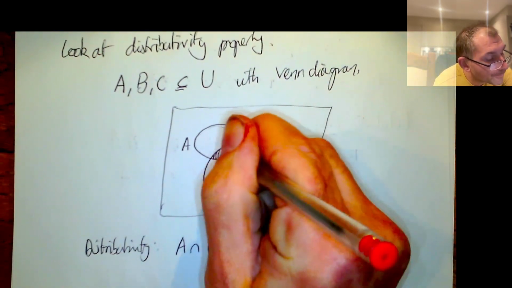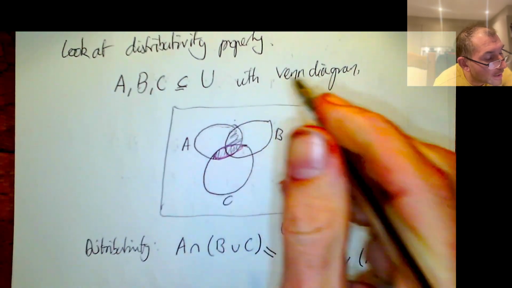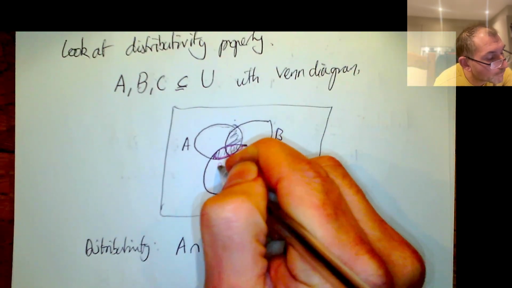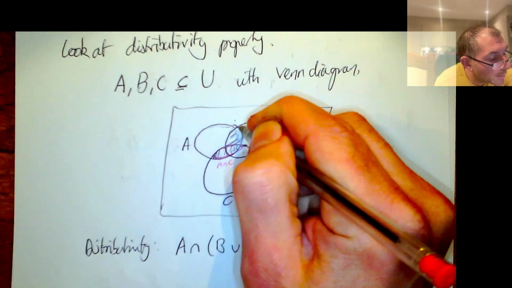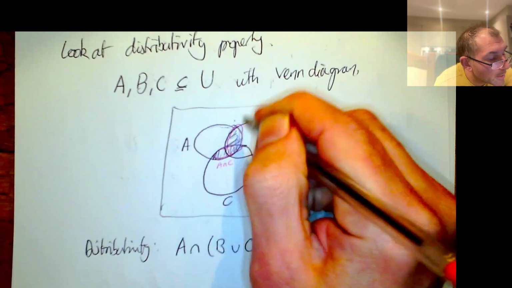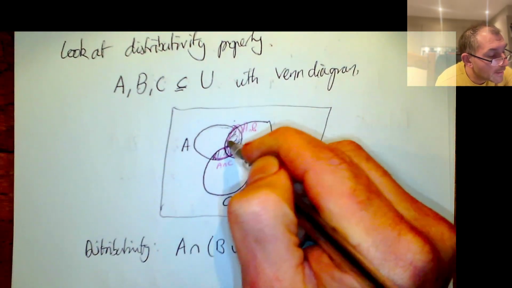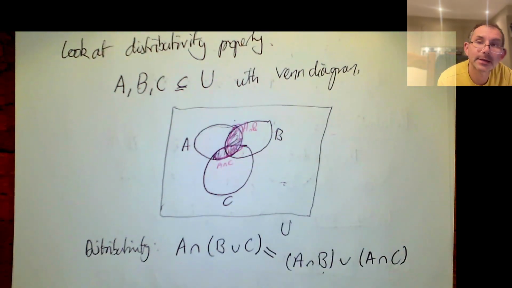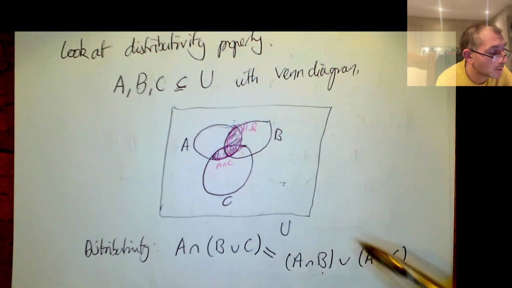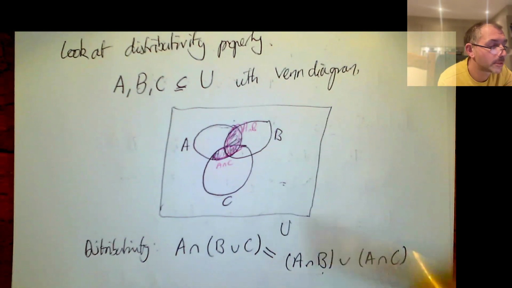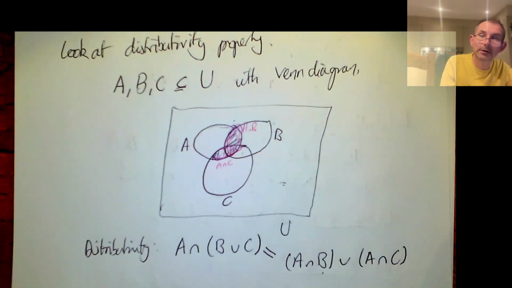So I've got that's A and C, and this bit is A and B. And then if I union them together, I get exactly the same shape. So that is showing you why distributivity holds using a Venn diagram.